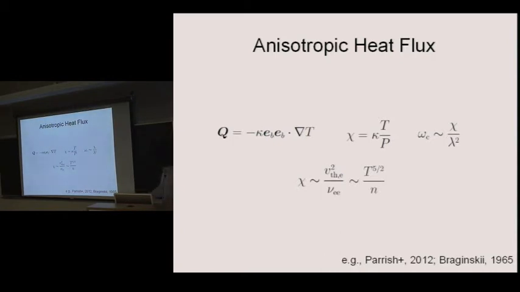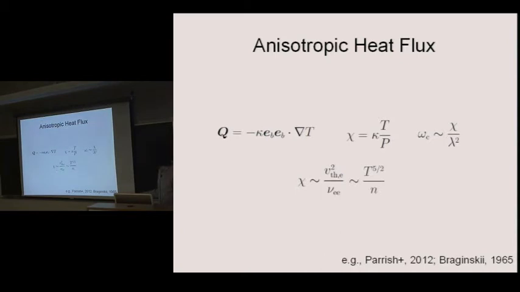And you can estimate what this is. So a diffusivity is like a speed squared over a frequency. And the heat is carried by the electrons. So a good speed is the electron thermal speed, and then the frequency would be the electron collision frequency.